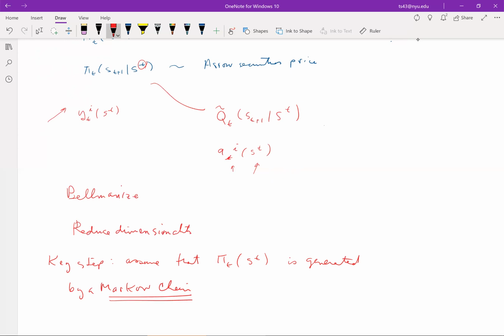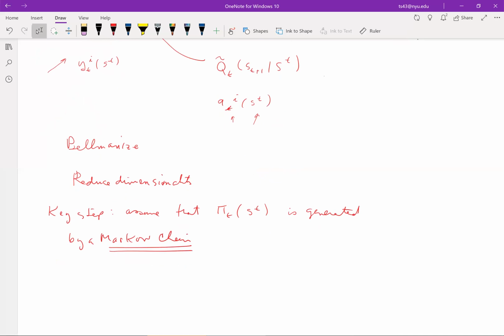And we're going to write this probability s_{t+1} equals s prime, conditional on s_t equals s. We're just going to let that now be pi of s prime conditional on s. So this is our transition kernel or transition matrix or transition function.